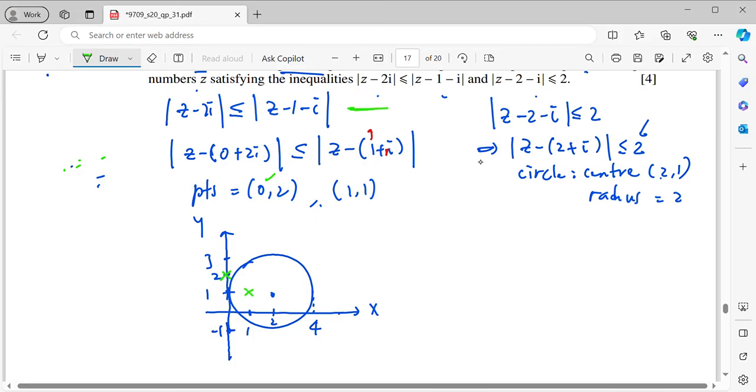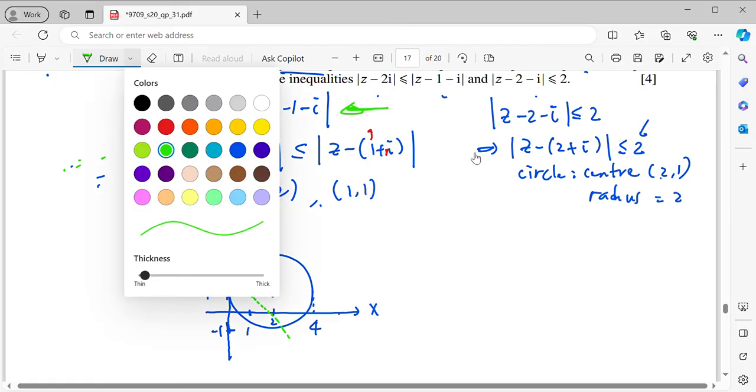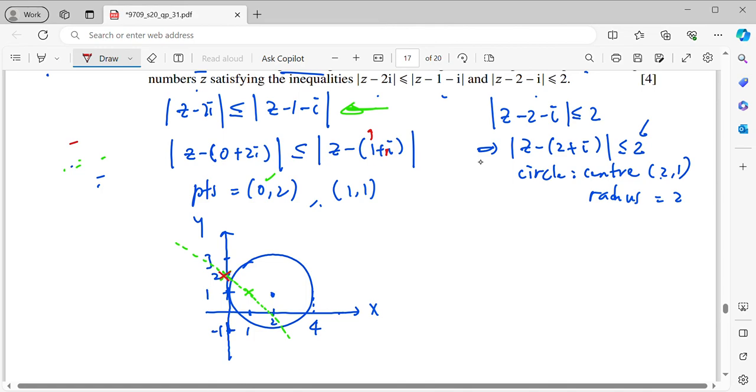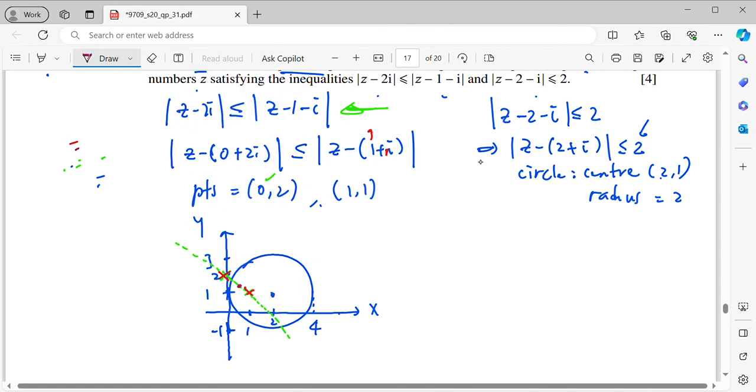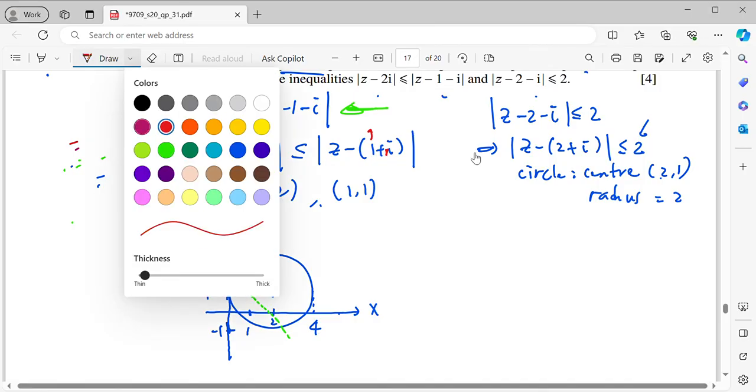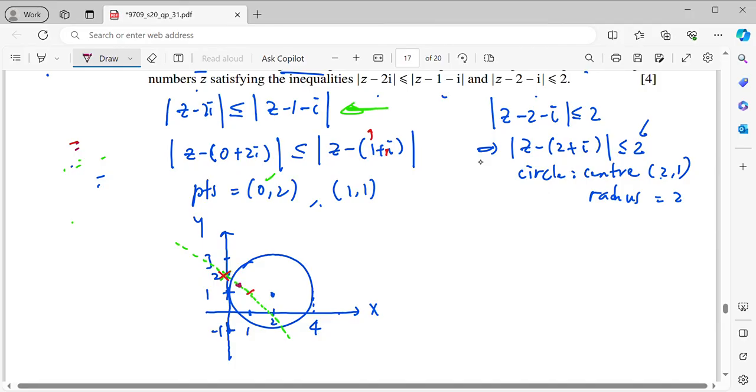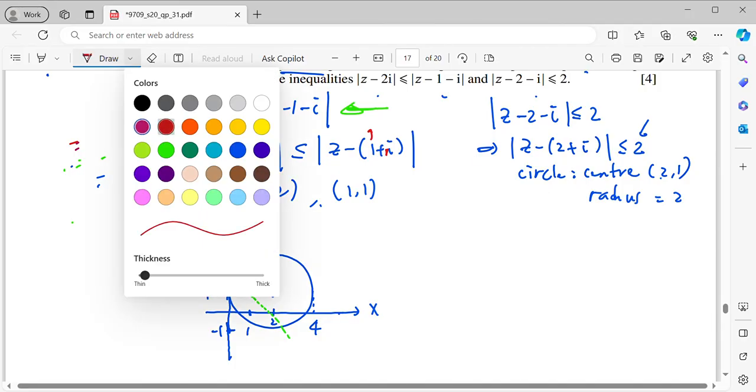Right, so when you need to sketch this locus, you join these 2 points first. Right, when you need to measure so that you will get the correct graph. Then you have to find the midpoints of these 2 points. Okay, midpoint. The midpoints will be roughly here.